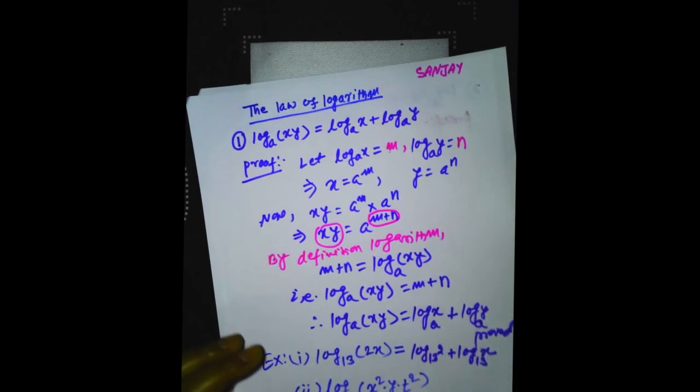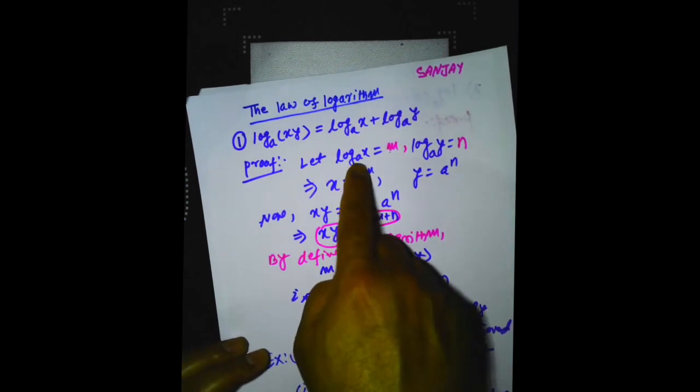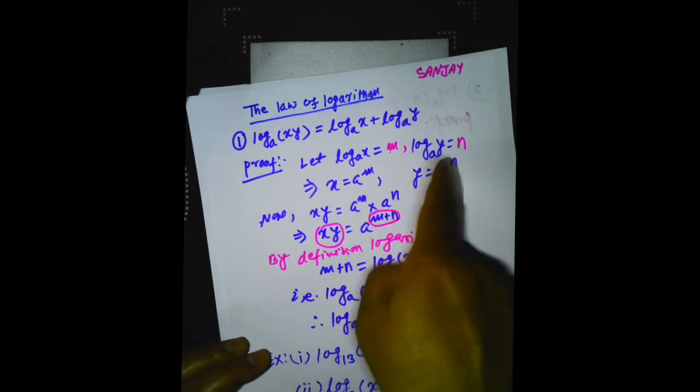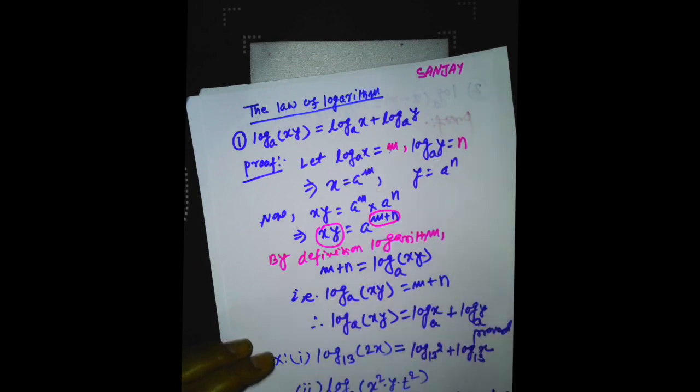In this case we have divided one number by another number. When we expand, our formula is like this. And now we shall see the proof of this formula. In the proof, if you look back, we have supposed log x equal to m and log y equal to n for the base a.